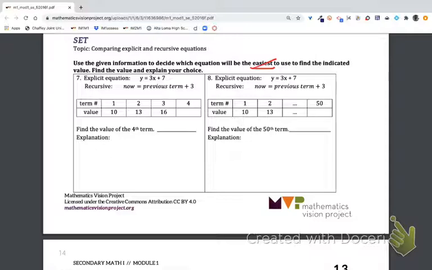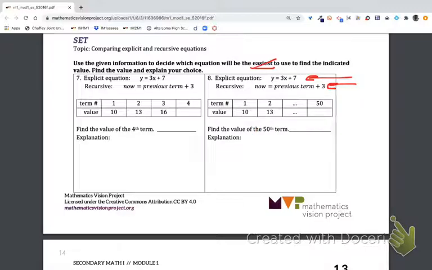So for number 8, it gives us both equations. It tells us what I need to do. And if I want to find the 50th term, all I know is the first and the second. I've got to find the 50th. So I could take the previous term and add 3 for the 3rd, the 4th, the 5th, the 6th, 7th, 8th, all the way up to the 50th. That sounds like a whole lot of work that I don't want to have to do.